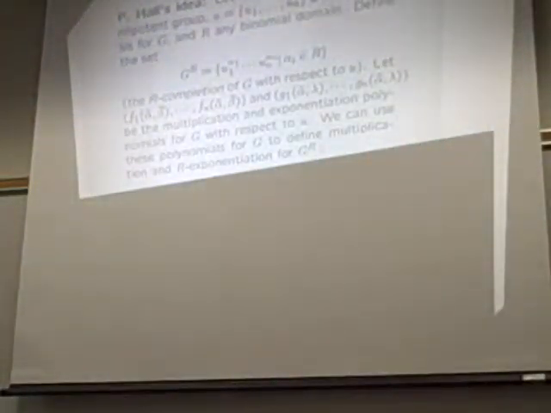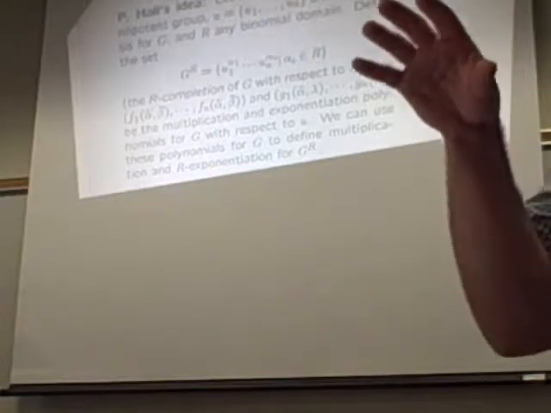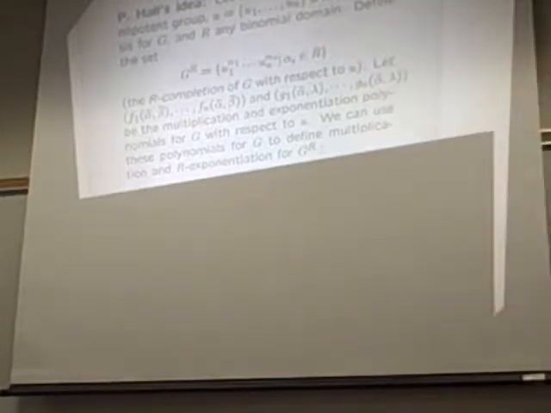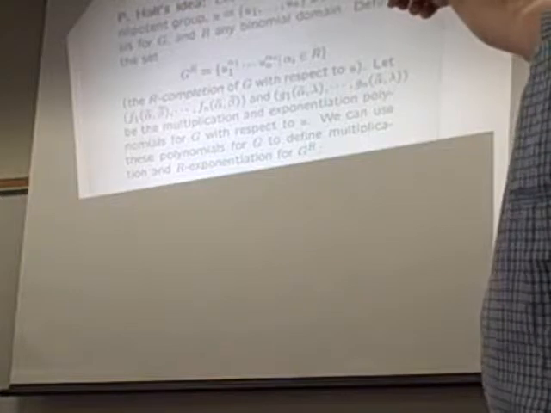Now, these functions f1 up to fn, g1 up to gn are the same polynomial functions I mentioned earlier. Remember, if you take two elements in terms of the Maltsev basis, when you multiply them, you get again something with the Maltsev basis, but the exponents are polynomial functions with rational coefficients. Using those same polynomial functions, you can say, hey, let me take those polynomials and now talk about that kind of operation on this set.